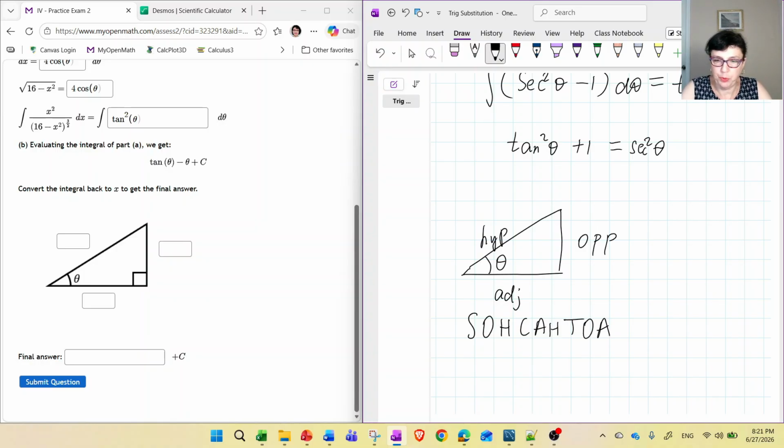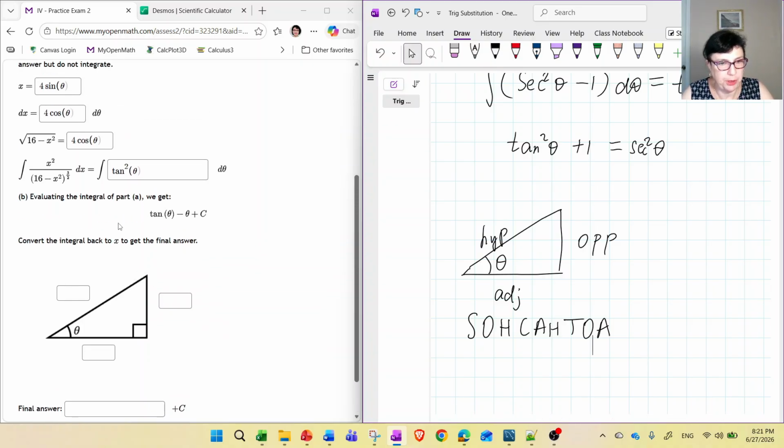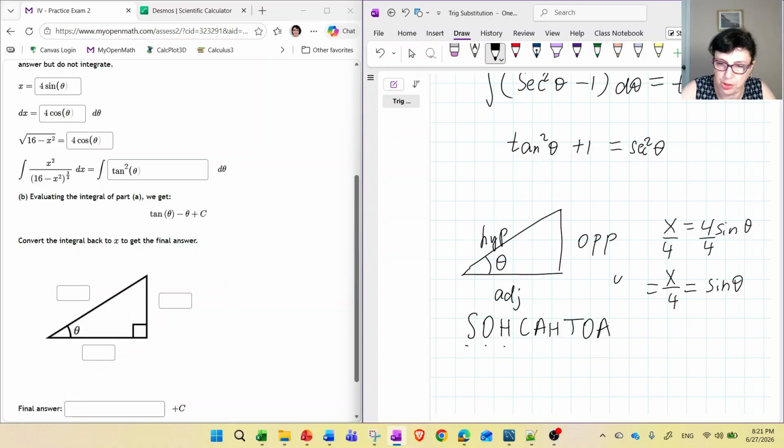Okay, here's what we're going to do. We're going to go back to our substitution, which was 4 sine theta. So x equals 4 sine theta. We're going to divide both sides by 4. So this is x over 4 equals sine theta. From our mnemonic rule, right, we know that sine is opposite over hypotenuse. So we now know that opposite side is x.